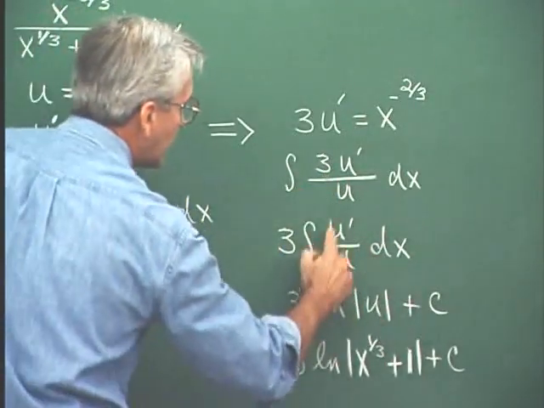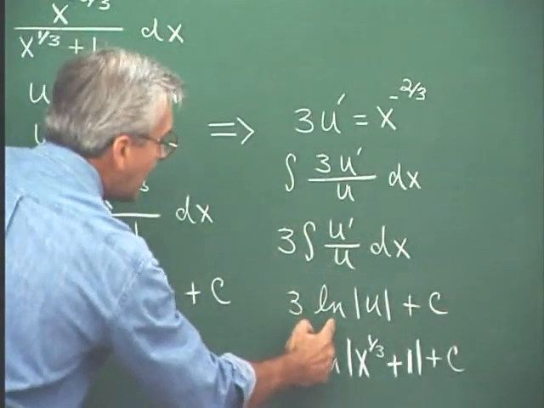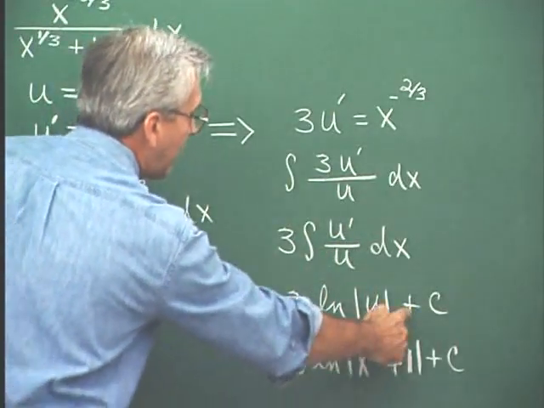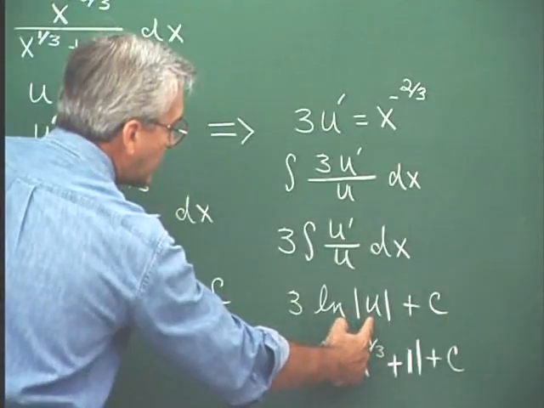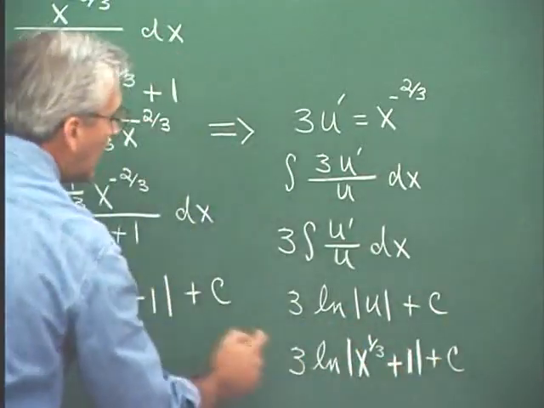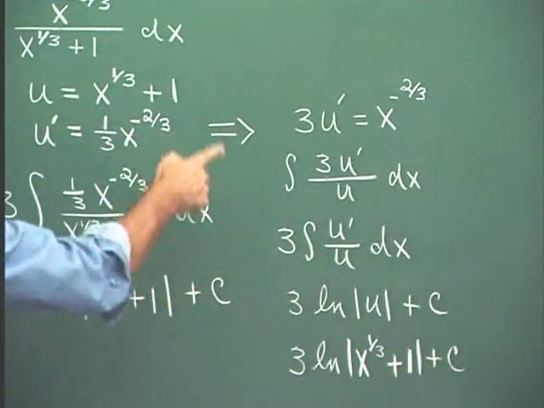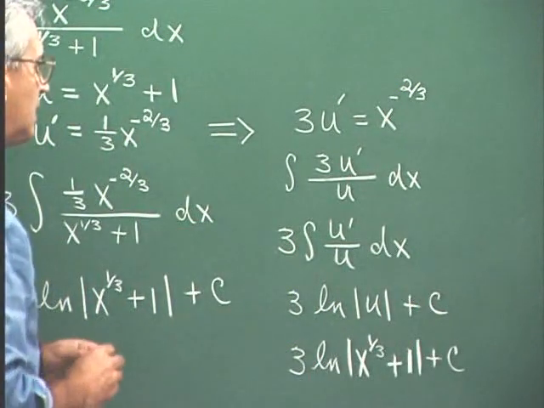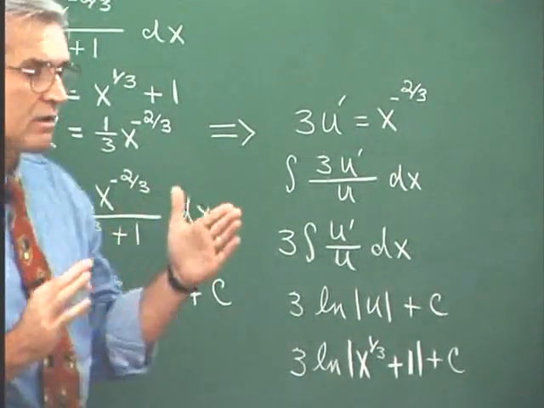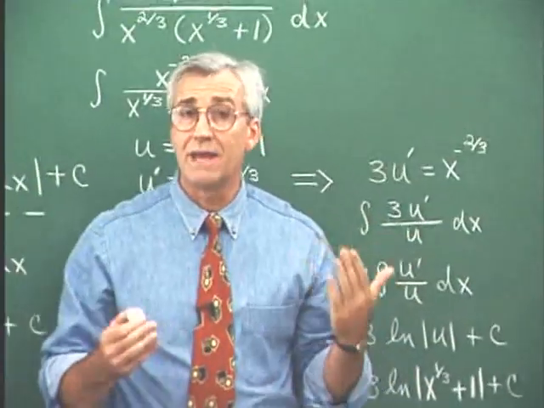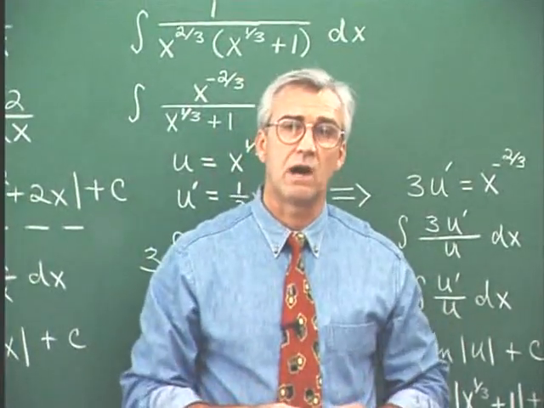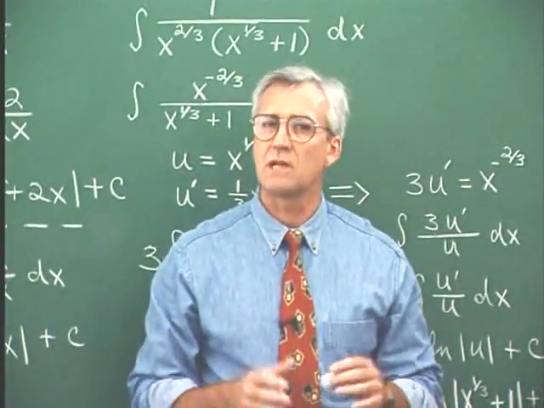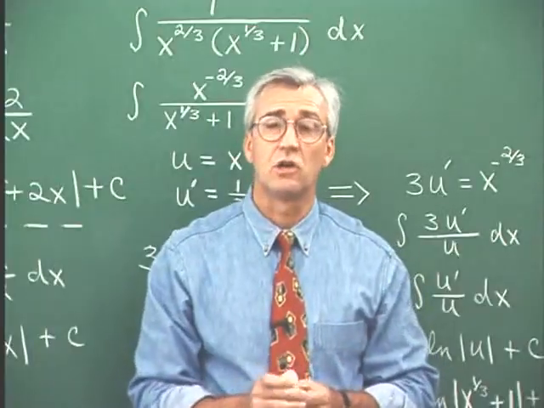And now I have the conditions that I want, so it's 3 natural log absolute value of denominator plus constant, back substitute for u, and I have the answer that I got before. Now this method is a little bit cleaner than the other method, and it's a method that we'll need to use in other problems in the future. But sometimes it's a step or two longer.